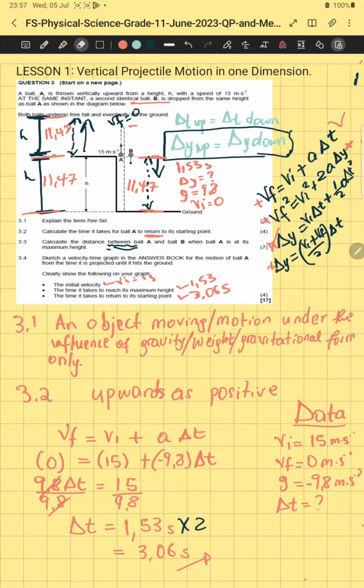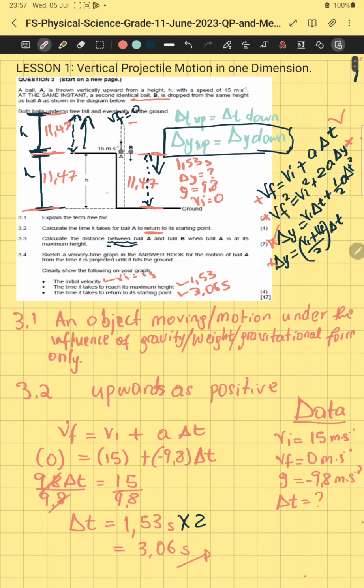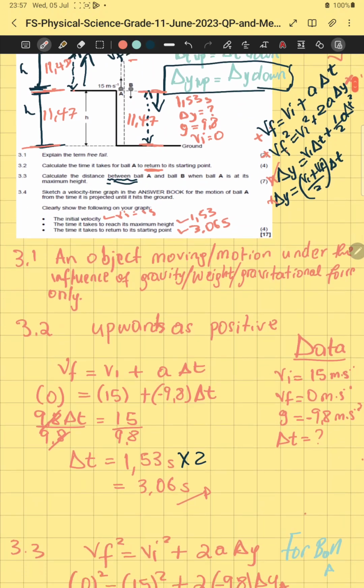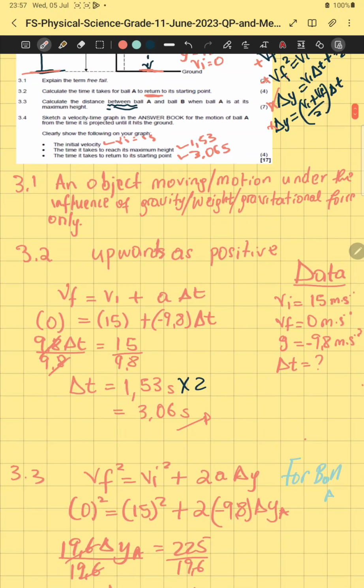Okay, now let's begin to draw the graph. Let me just clear here, because I'm not going to need anything from here. We're going to draw the graph showing these three points that I've just highlighted. Maybe we can just leave this part here. That is 3.4.